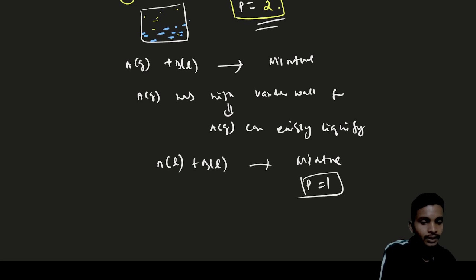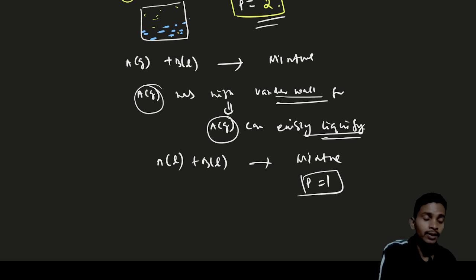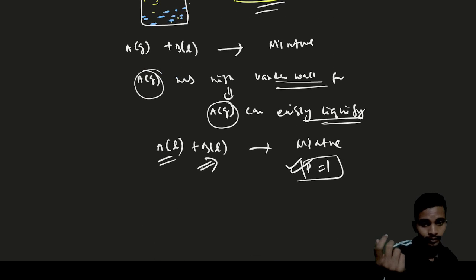But if he says that A gas has high van der Waals forces, then assume that A gas is easily liquefied to liquid, so A liquid, B liquid, and totally give a mixture that is homogeneous. Assume that it is homogeneous, then pH is equal to 1.